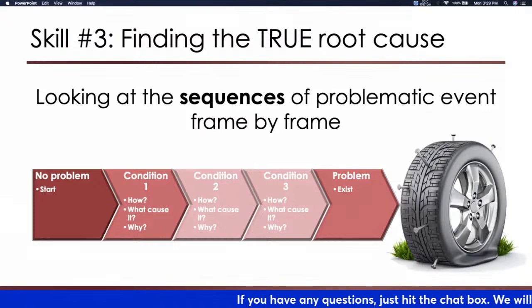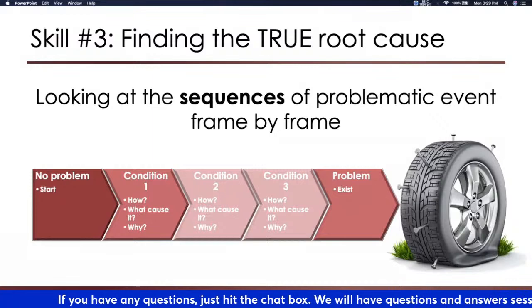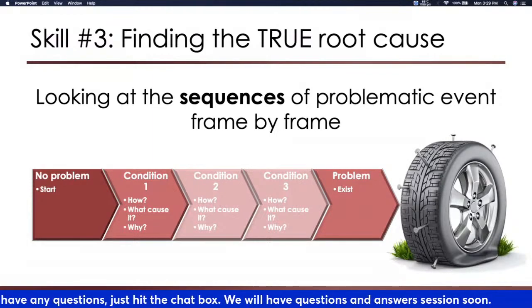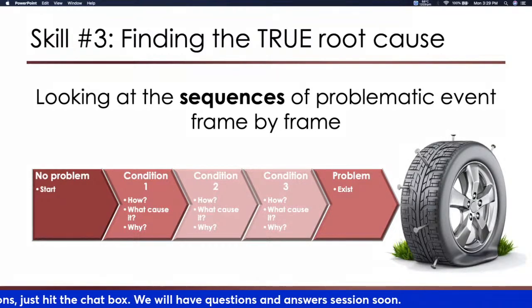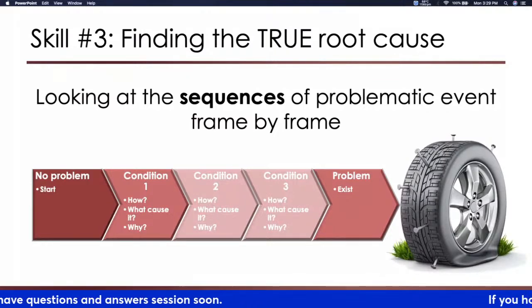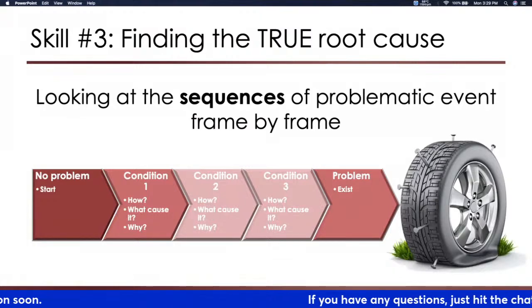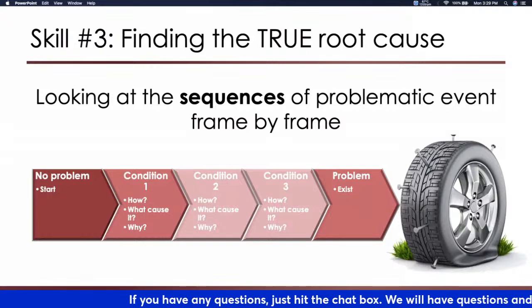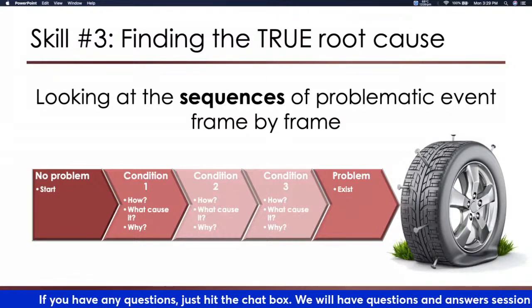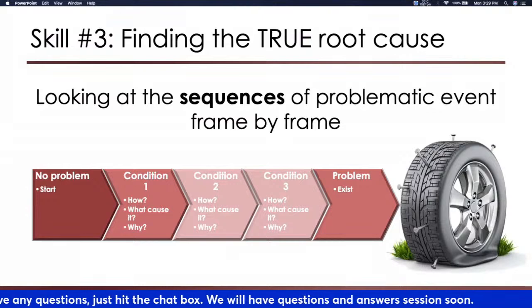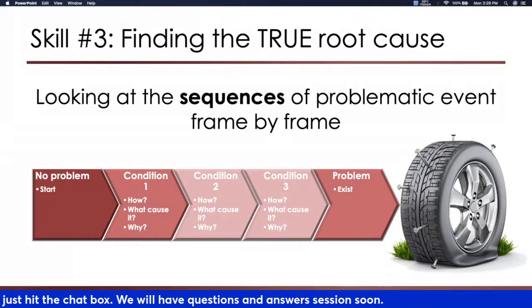Then the tire is rolling on the road, still no issue. The road is different from one area to another, still no issue, and eventually your tire meets a thing called a nail. So the nail interacts with the tire.